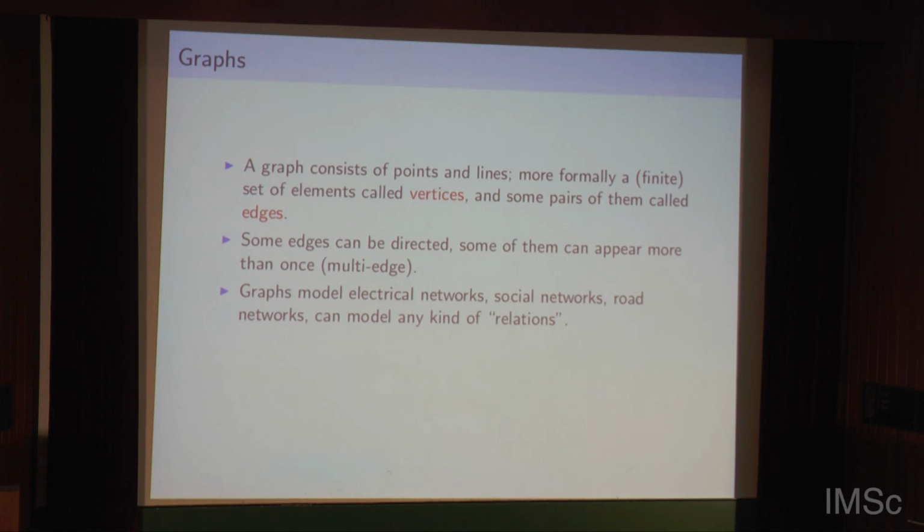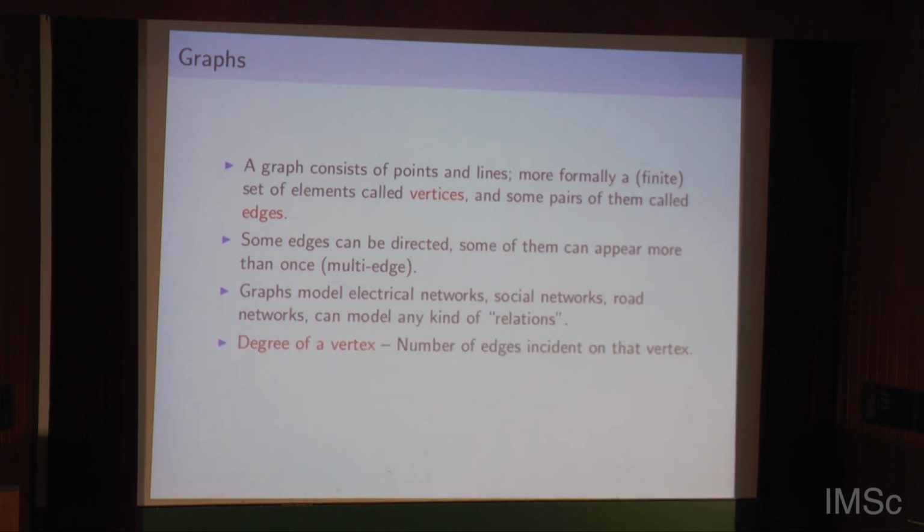You want to look at efficient algorithms on these graphs, and this is a major area of research in computer science, in discrete maths, and so on. So graphs pretty much model any kind of relation. When I say an edge is a pair, I'm modeling binary relations, but there are generalizations where you can model relations that take more than pairs of elements. Okay.